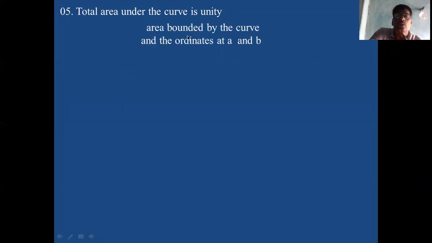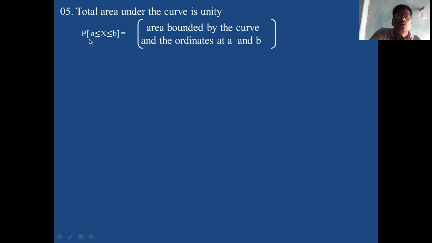So the area under the curve in the normal distribution, there is a bell-shaped curve. That bell-shaped curve is very, very important. So you see and know something about this bell-shaped curve. Okay.